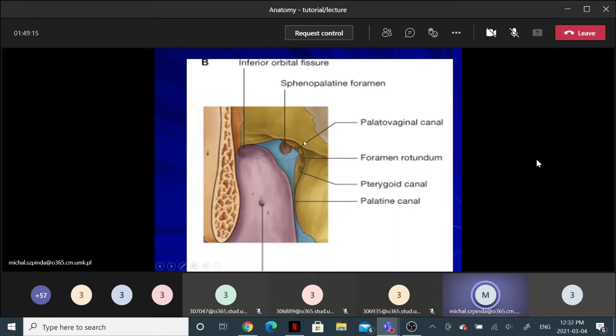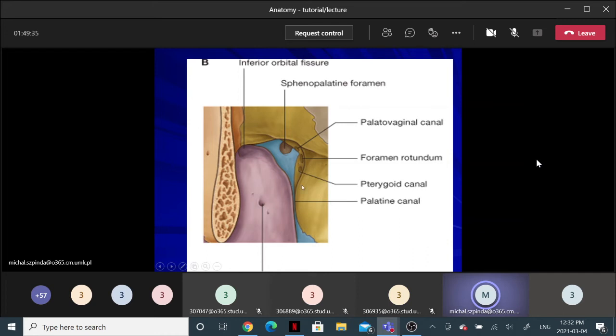And just below, the maxillary surface of greater wing just overlaps the root of pterygoid process, and such a root is perforated by the pterygoid canal.